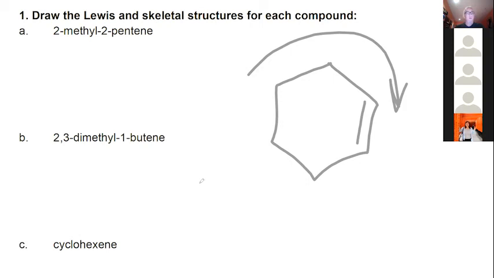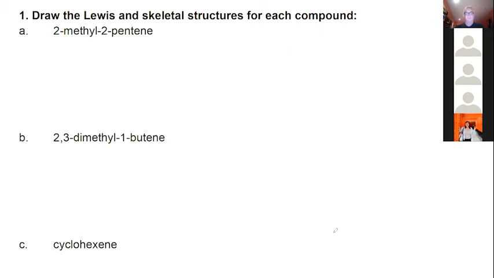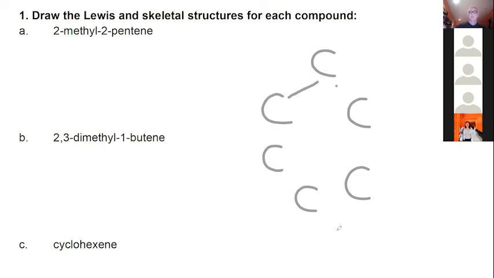Can you draw the hydrogens for that one? For the additional hydrogens, do you do one on the inside and one on the outside of the structure? Well, for the skeletal, you don't put any hydrogens on it because we don't include them. But for the Lewis structure, this gets 1, that gets 1, because they already have 3 bonds, so they only have room for 1 more.